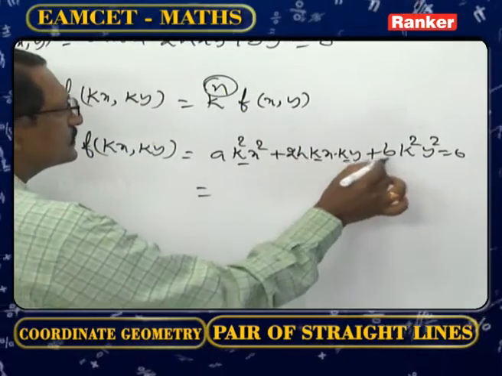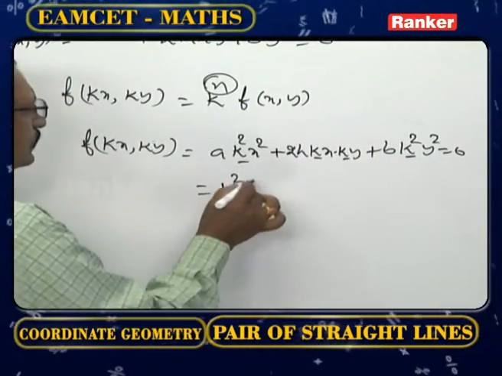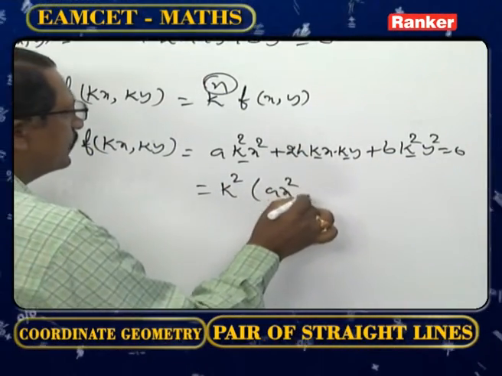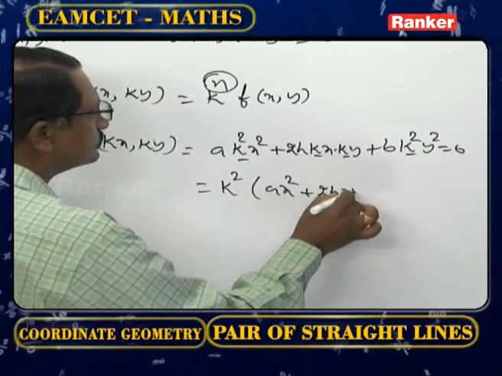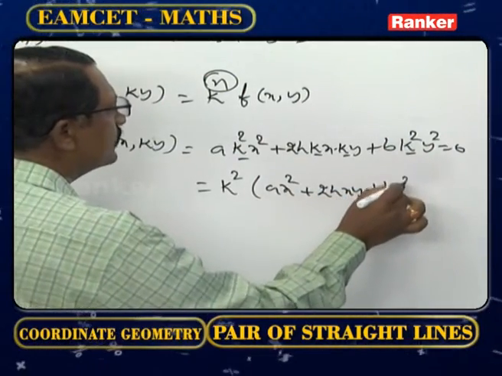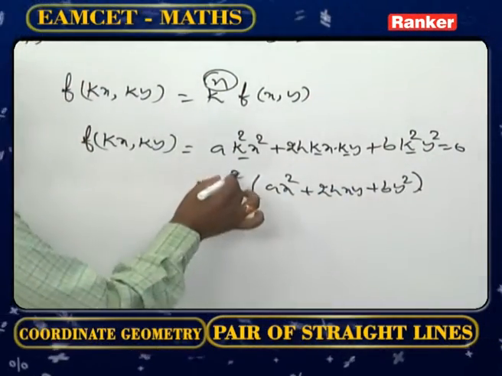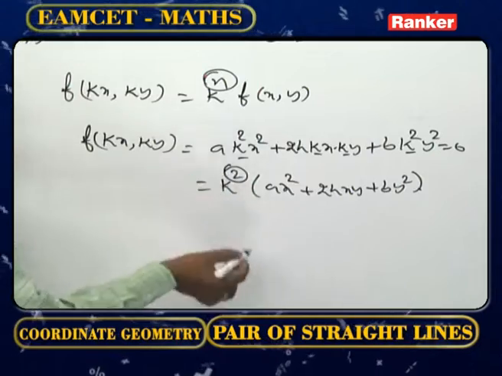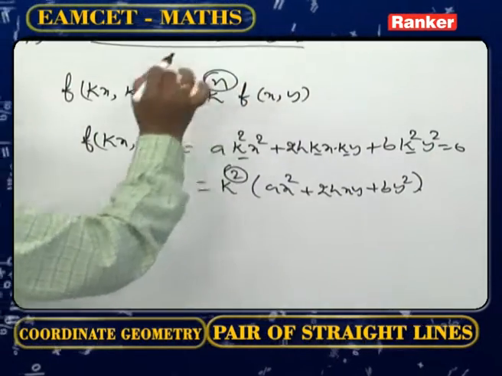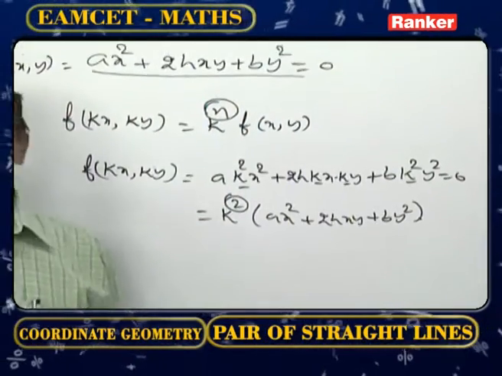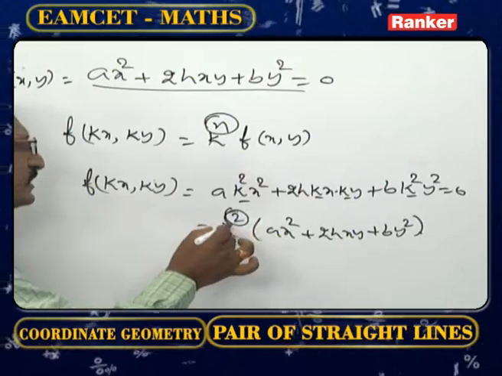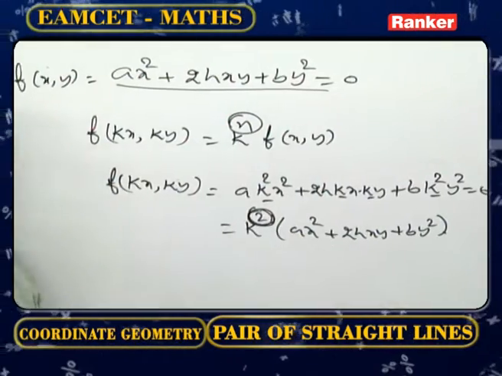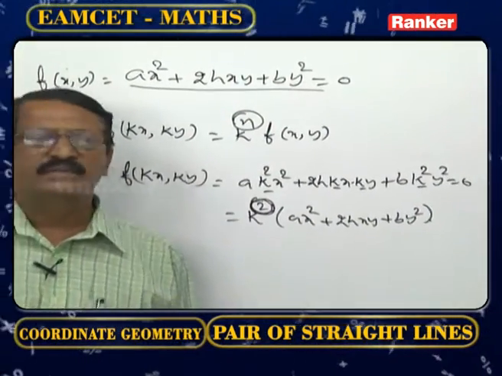In all the terms k square is taken common, so we get k square times ax square plus 2hxy plus by square equals 0. Since the exponent of k is 2, the equation ax square plus 2hxy plus by square equals 0 is a second degree homogeneous equation in terms of x and y.